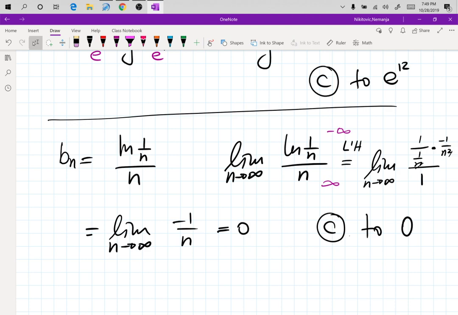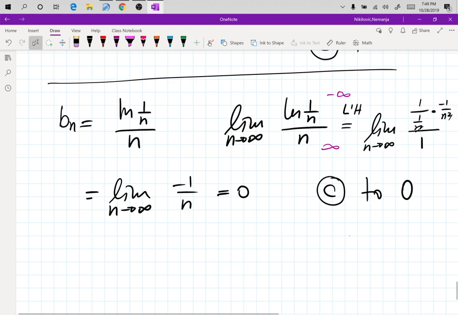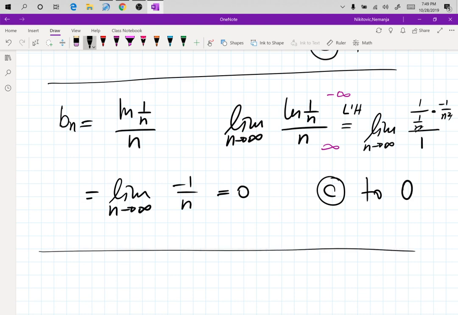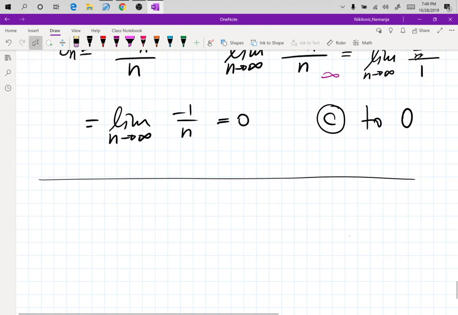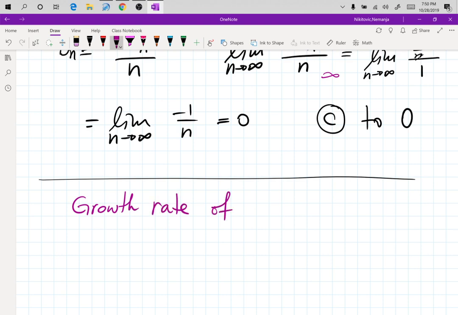There are a lot more problems, and there are a lot more trig problems, and it will really benefit you guys to now remember, I understand we have another 30 seconds, but this needs to be written down: the growth rate of functions.